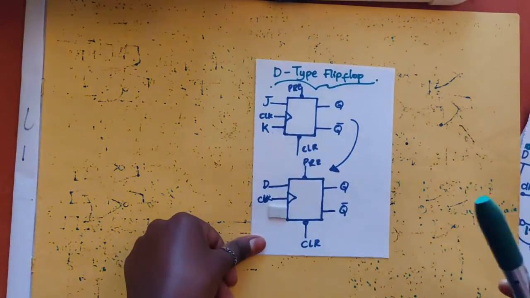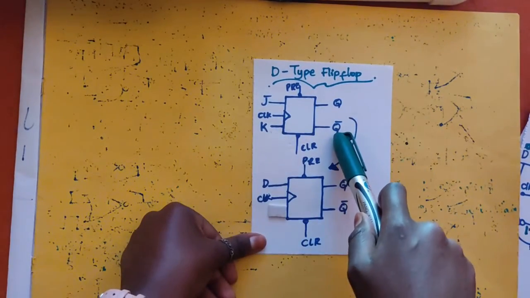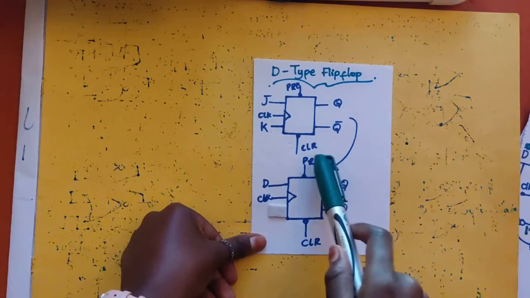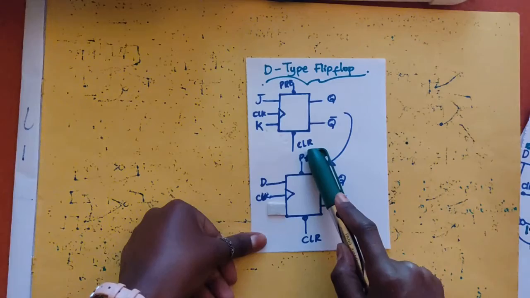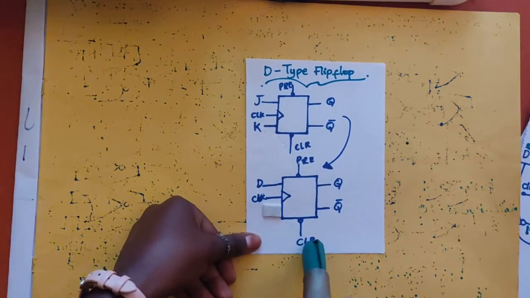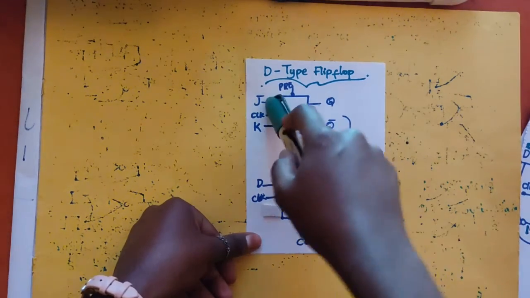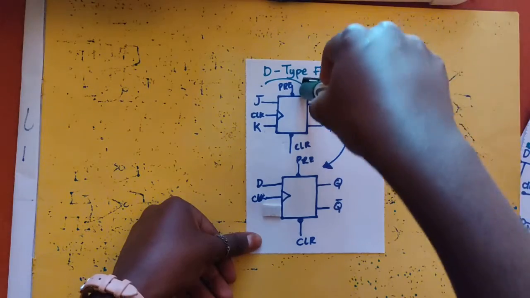So whenever you're drawing that diagram and you have a pre-high, it will override all this and set it. If clear is high, it will override all inputs and reset it. It applies the same exact rule to the D-type flip-flop. Whether it's JK, D, or SR, whenever you have pre-high, it's setting.